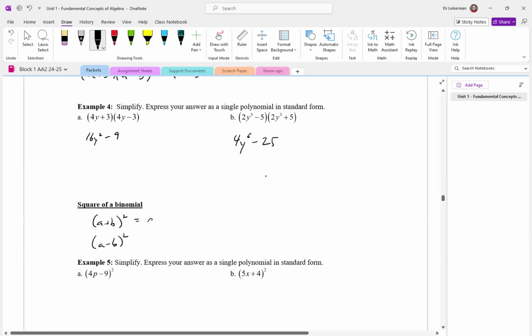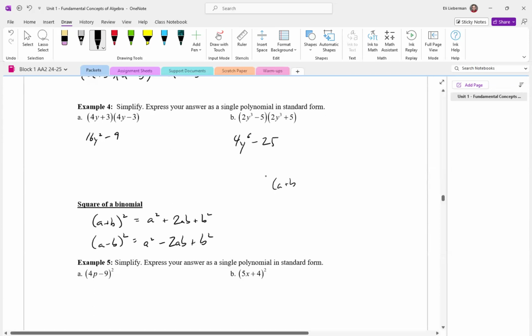The first one is going to be A squared plus 2AB plus B squared. The second one is going to be A squared minus 2AB plus B squared. Always.